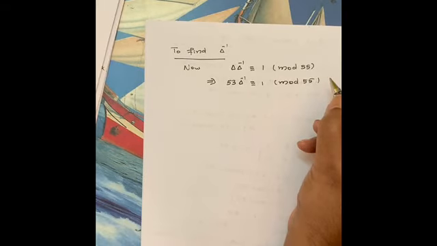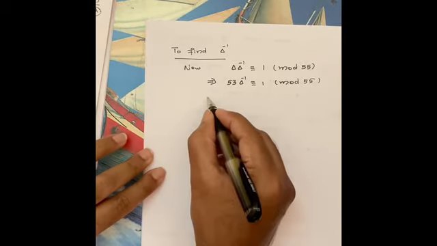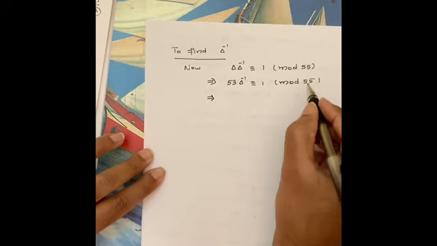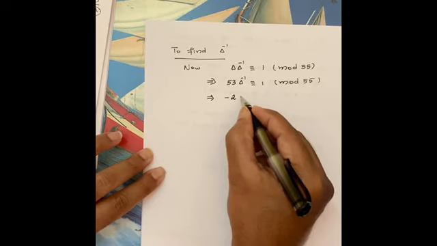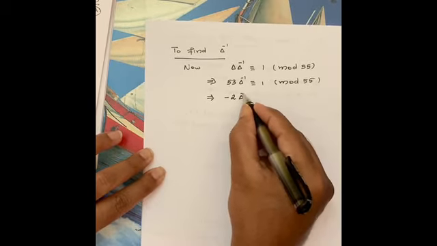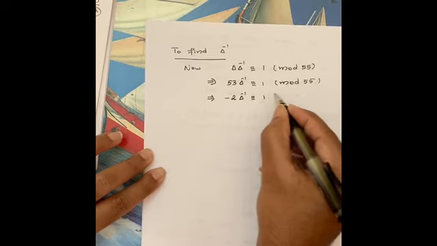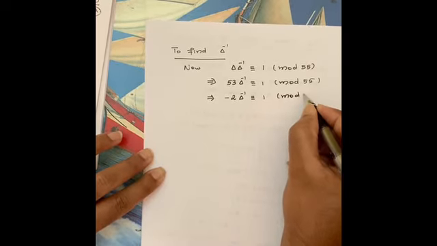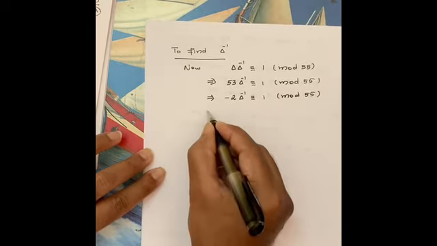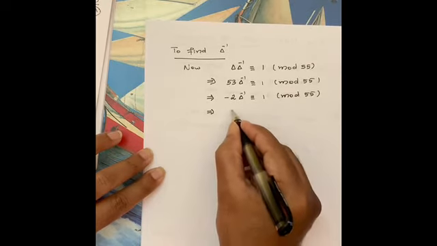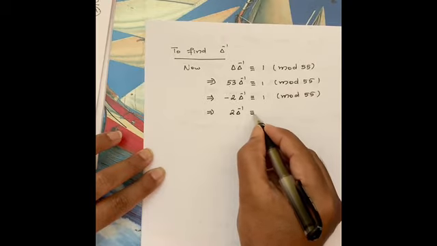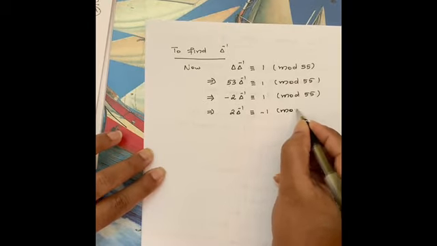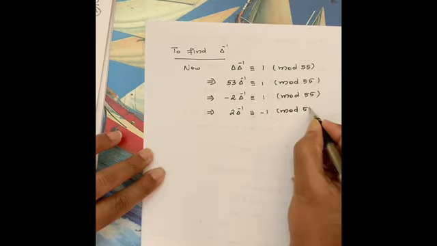So 53 delta power minus 1. 53 I can rearrange, make it a simple number. Already I told you, previously we used 55 and 53 we are comparing, meaning 53 is replaced by minus 2. Minus 2 delta power minus 1 congruent to 1 modulo 55. This gives, multiplying both sides by minus 1, 2 times delta power minus 1 congruent to minus 1 modulo 55.